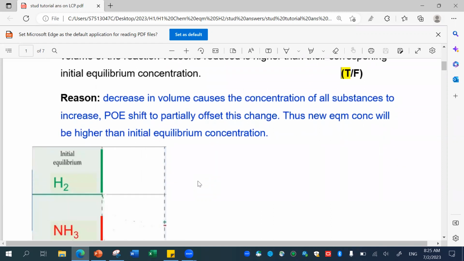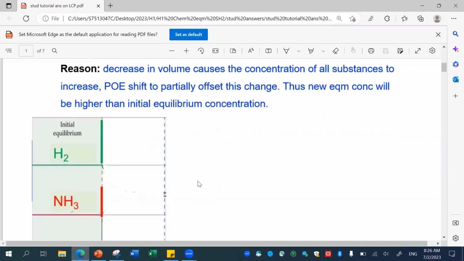So a decrease in volume causes the concentration of all substances, in this case all gaseous substances, to increase, and the POE will shift to partially offset this change. So the new equilibrium concentration definitely will be higher. All of them will be higher. Some of you thought that not all will be higher, but in fact, all will be higher.